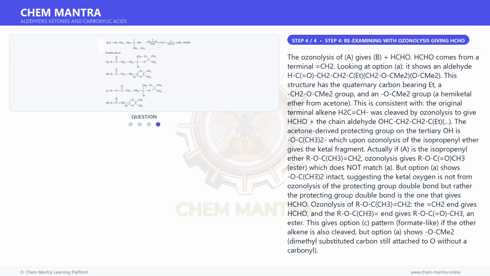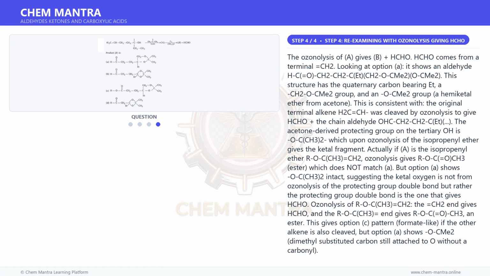But the question says only HCHO is the coproduct, B plus HCHO, implying one equivalent of HCHO total. This means only one double bond is cleaved, or both give HCHO but only one is shown separately. Actually, rereading B plus HCHO, so HCHO is one fragment and B is the other.